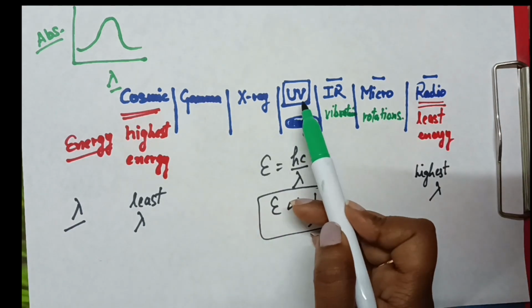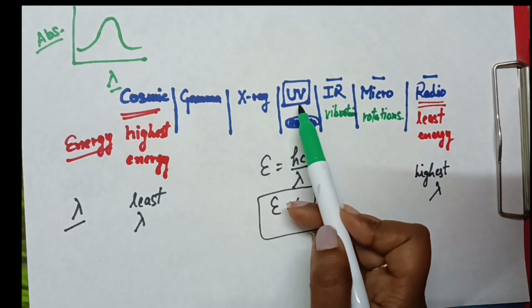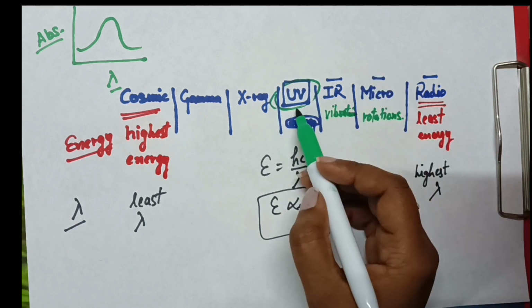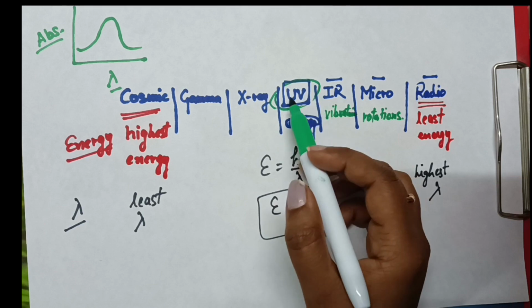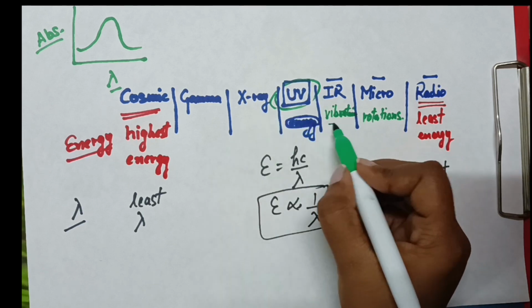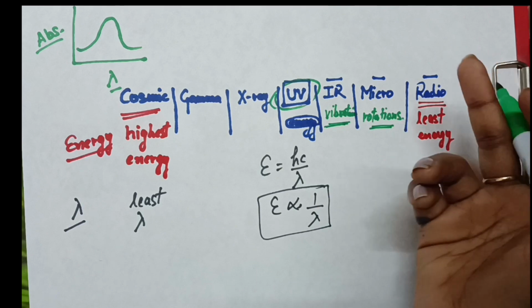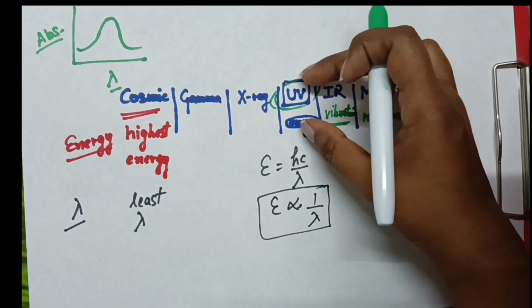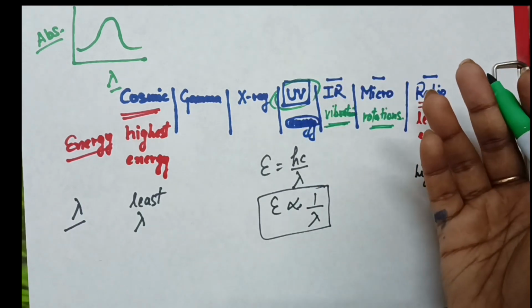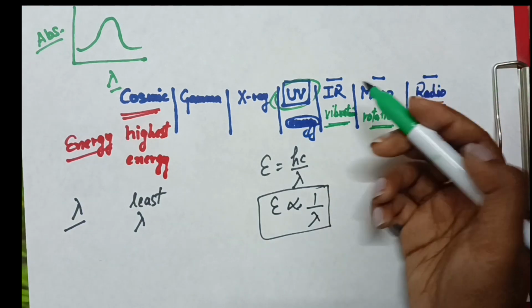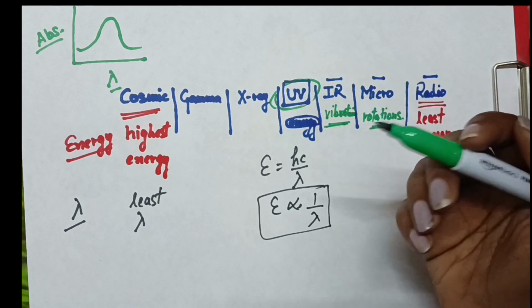So if a molecule is showing electronic transitions in the UV region, then those transitions will have vibrations and rotations associated with them already, because that amount of energy will already be sufficient for vibrations and rotations as well, along with causing the electronic excitations in the molecule.